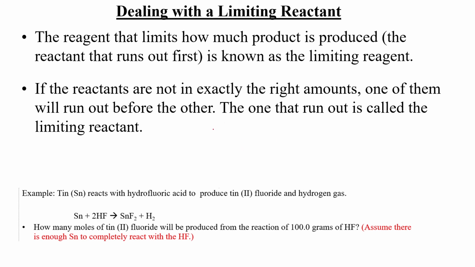So, for instance, if I write the reaction between hydrogen and nitrogen to produce ammonia, the balanced equation says that we need 3 moles of hydrogen for every 1 mole of nitrogen. So this is our balanced equation. The mole ratio between nitrogen and hydrogen is 1 to 3 for a balanced reaction.